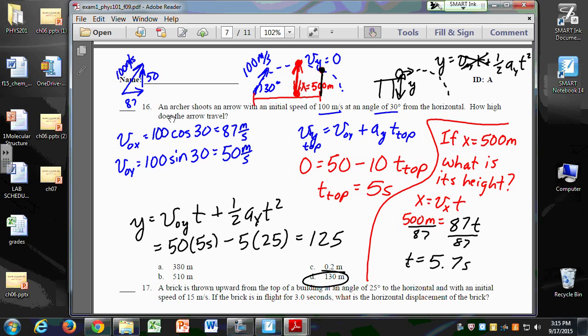And if I want to know the y height, then I'm just solving this equation again. So I say y is equal to v naught y, which is 50, times 5.7 minus 5 times 5.7 squared. The minus 5 is 1/2 of negative 10. I just didn't write that out.